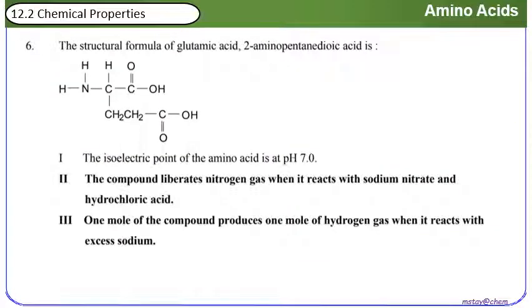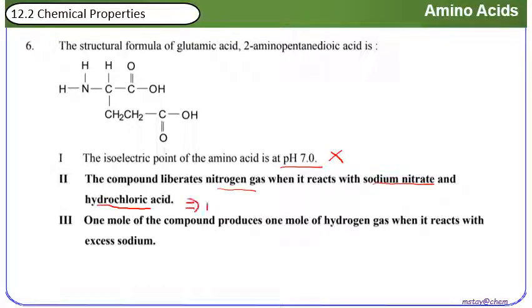Last question in this video, the structural formula of glutamic acid is as follows. The isoelectric point of amino acid is at 7.0. So I think for this one, there is no information over here, so we will ignore this one, wrong. The compound liberates nitrogen gas when reacting with sodium nitrite and hydrochloric acid.